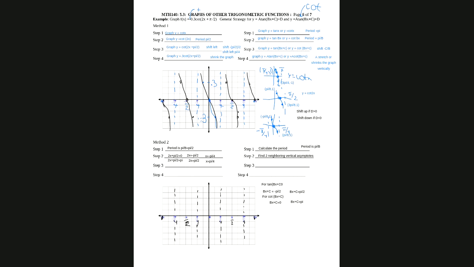And then I'm actually going to note that over here, we're going to find the x-intercept that's between the vertical asymptotes.